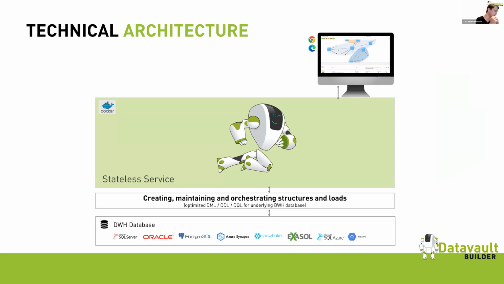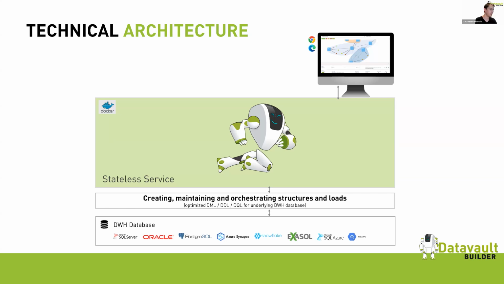And how do we do this? Technically, the architecture, in very simplified terms, has two parts. One is Datavault Builder, and the second important part is the database. Whatever Datavault Builder is doing, it's basically pushing this down onto the database it sits on top of.